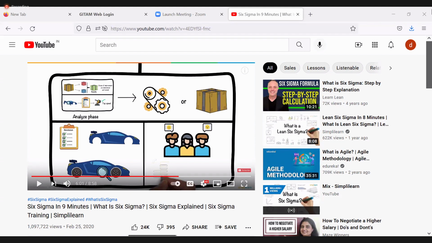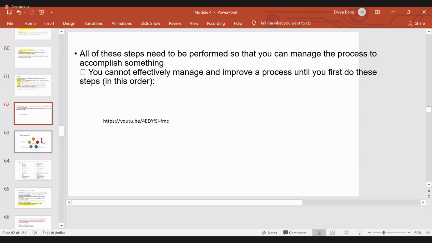Is it clear to everyone? These two methodologies, DMAIC and DMADV. Is it clear or not?